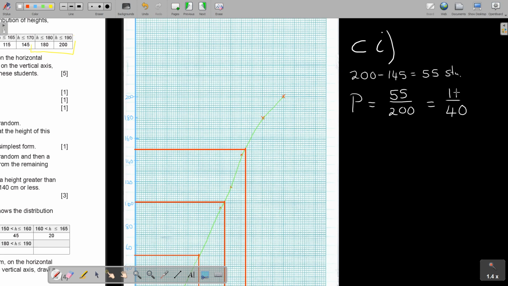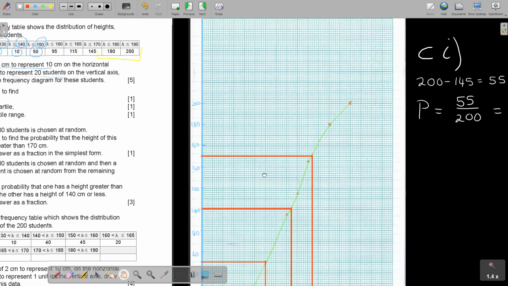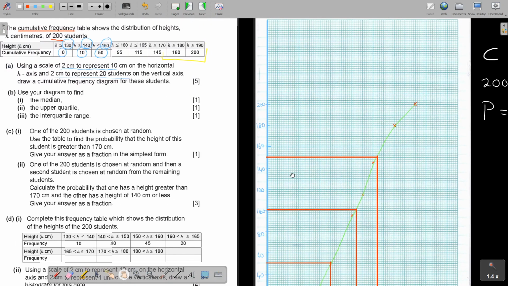And then the next one, let's check the next one. One of the students is chosen at random, and then a second student is chosen at random from the remaining. Oh, this is nice because this is dependent. Okay, because one is out and then there's only 199 left.